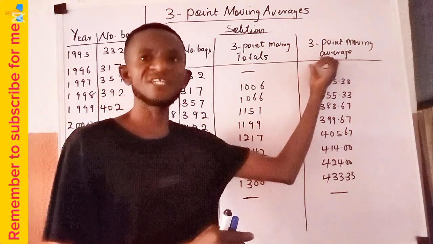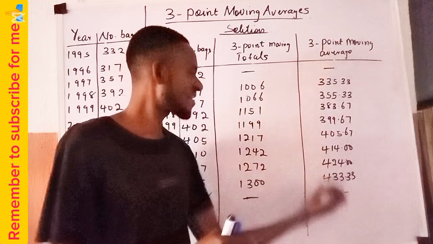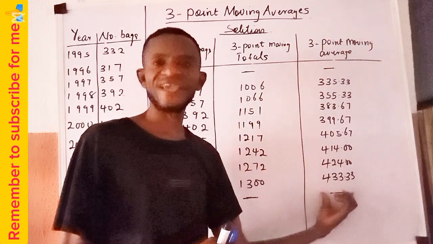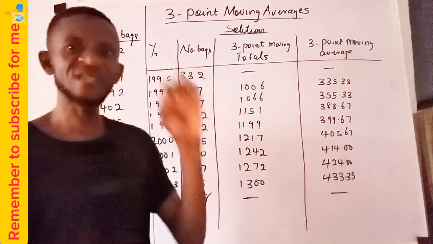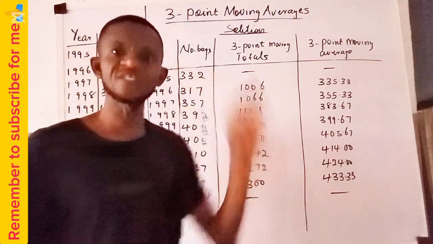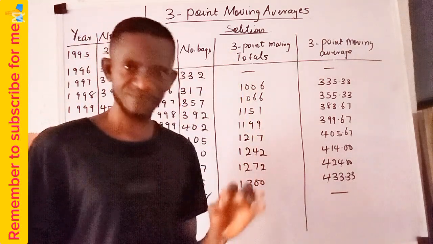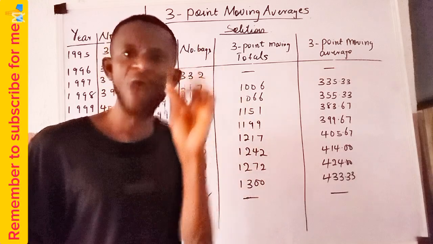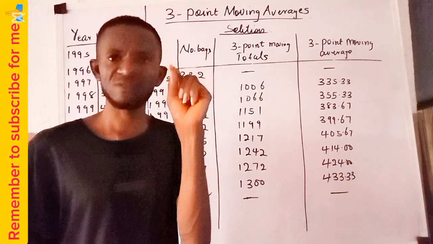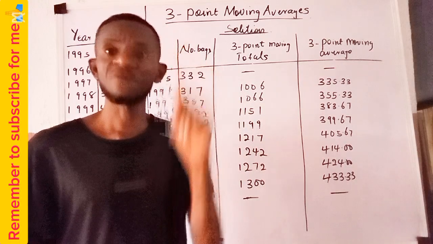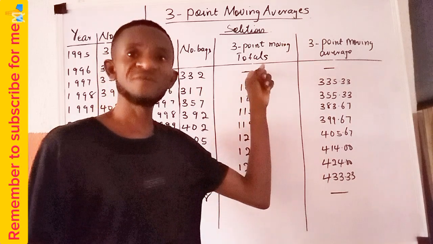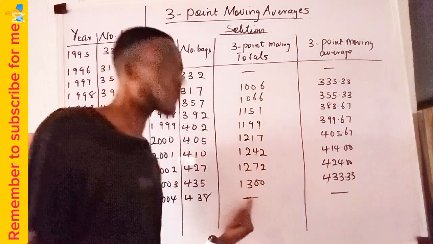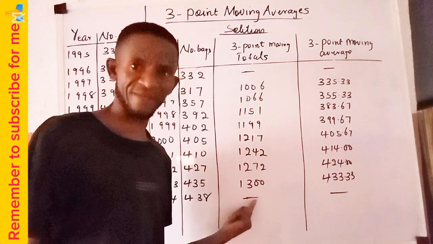That is the reason why oftentimes they ask, when a 3-point moving average is computed from a data set, how many data points are lost from the beginning of that data set? One data point is lost from the beginning, one data point is lost at the end.